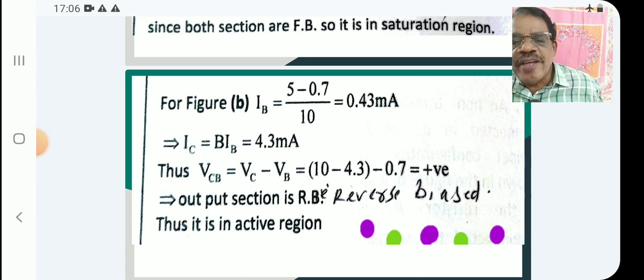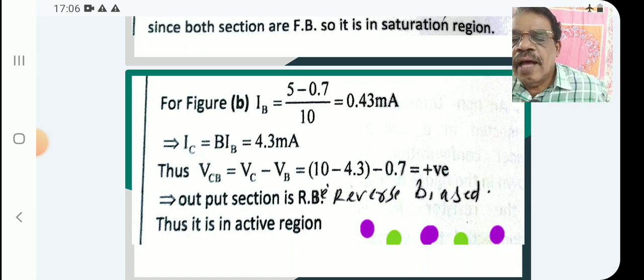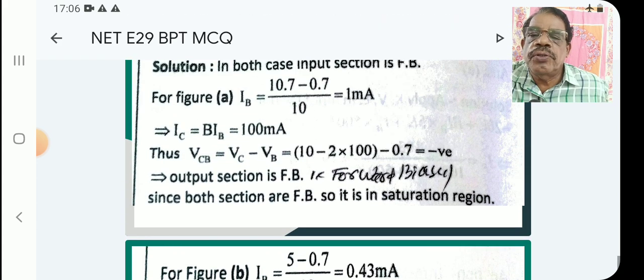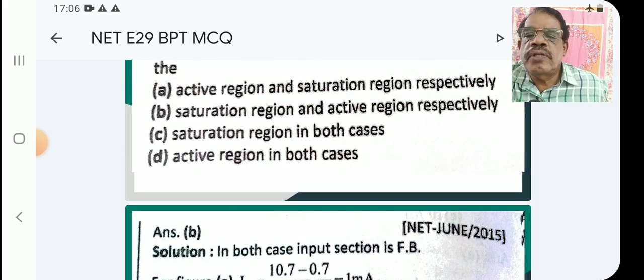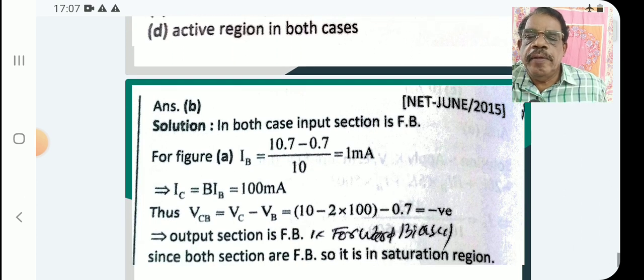That is reverse biased. The output section is reverse biased, and that is in the active region. It is in the active region, not the saturation region. So you see the answer B: for the first figure it is in the saturation region, and for the second figure it is in the active region. Answer B.